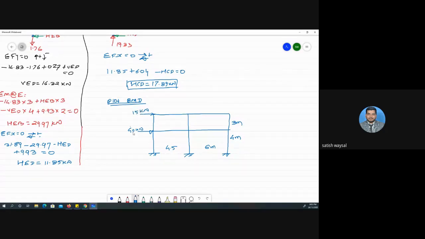This is 40 kilonewton, 15 kilonewton. Okay. So this is the portal frame. So this is the cantilever method of analysis.